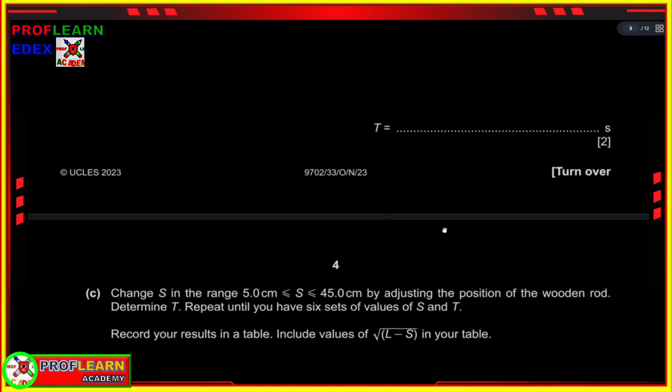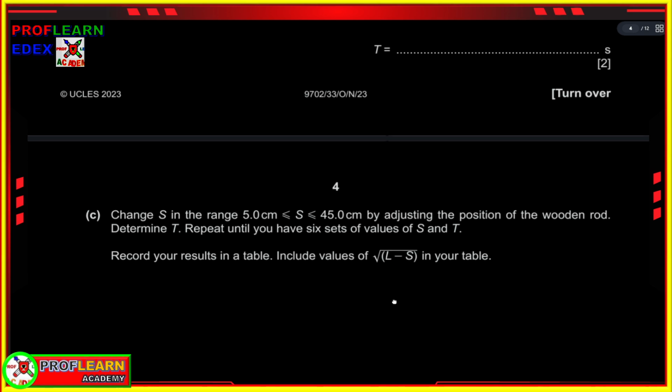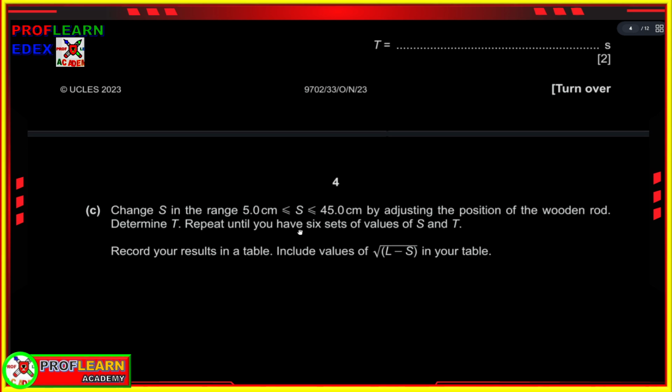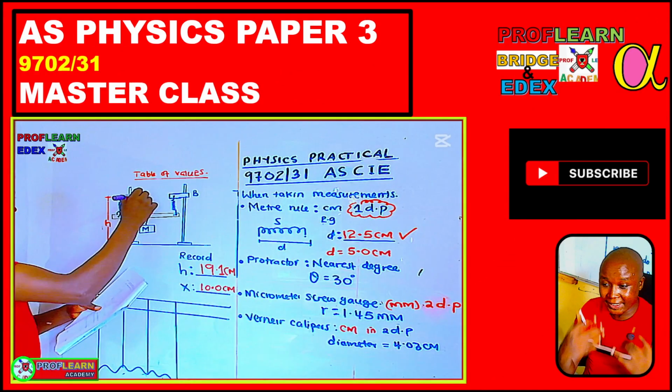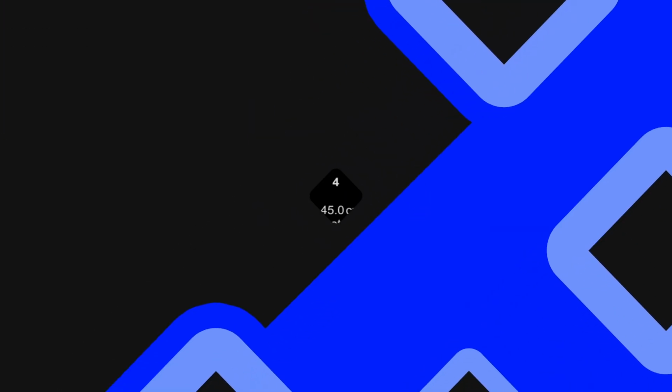Now you see, change S in the range of 5 by adjusting the position. Record 6 sets of values. Also here we have another instruction that we should record 6 different sets of values. Basically that's what we're going to do in the exam setup.